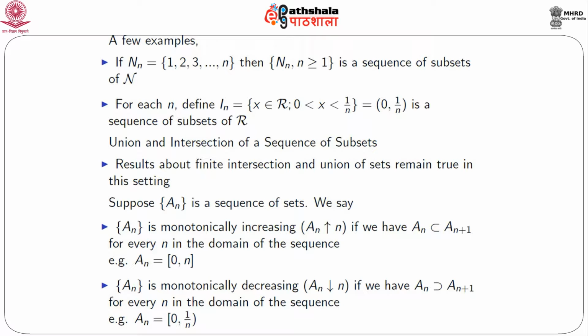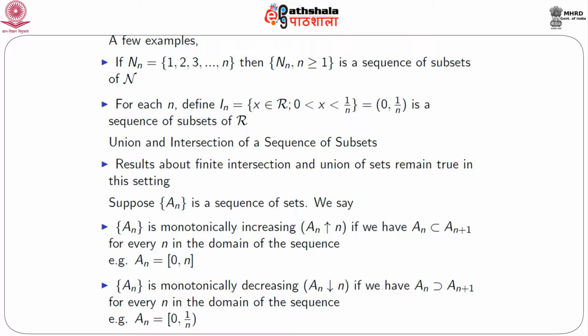Let us take one example. Suppose A_n is the interval (0, n). If I increase n, each time this interval will get bigger and bigger. So, if I take a sequence of these intervals A_n, they will be monotonically increasing. Similarly, we can have monotonically decreasing sequences too.